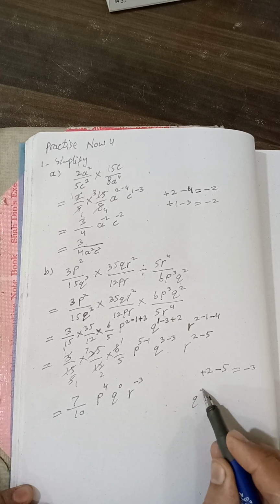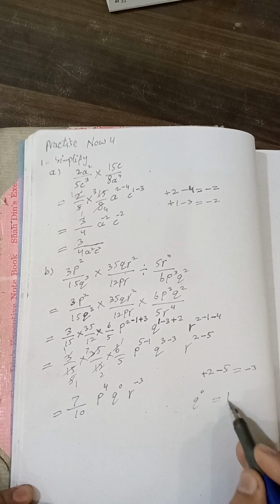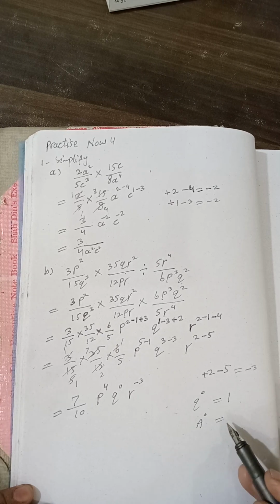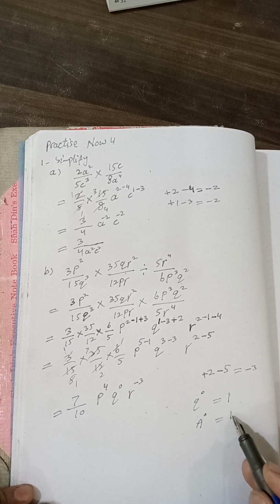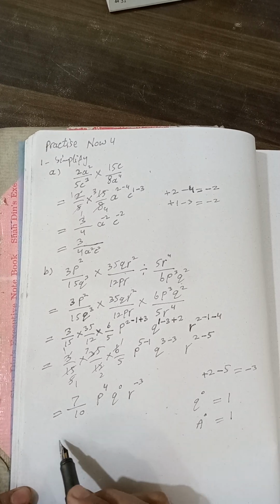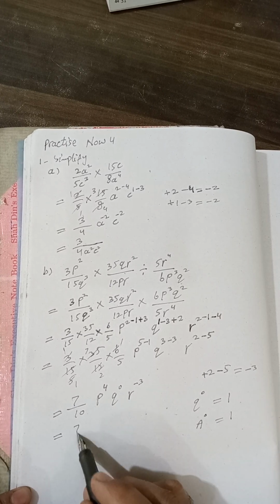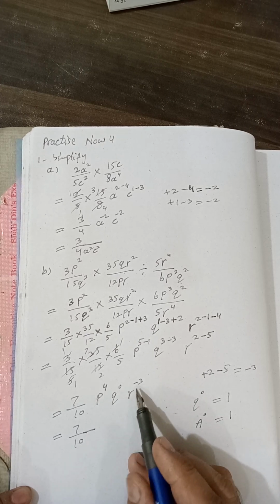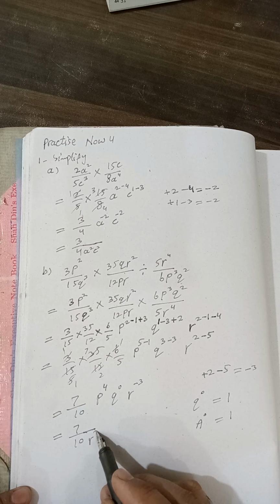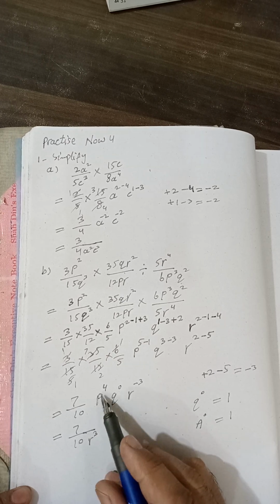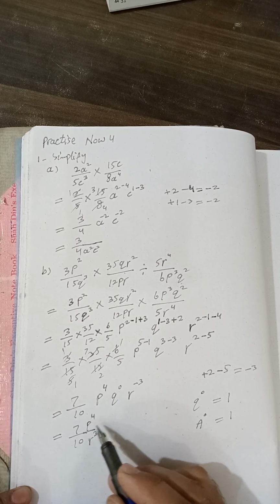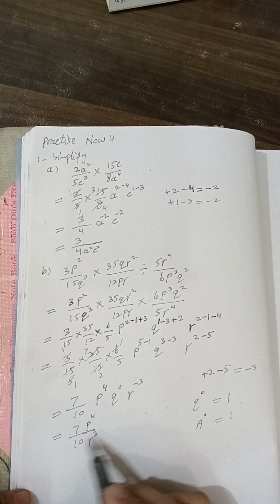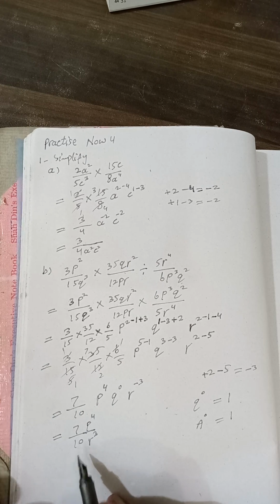You know that every base with degree 0 is equal to 1. If it is a to the power 0, it is also equal to 1. So write it 7 over 10, and because r has a negative exponent, you will write it below to change it into positive, and p4 write above because it is positive, and q will become 1, and 1 has no need to be written here.